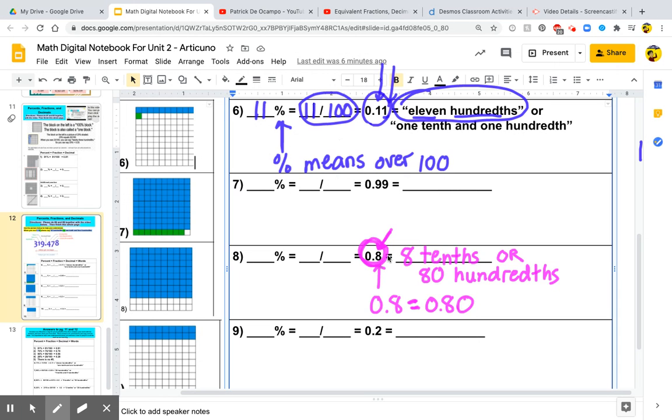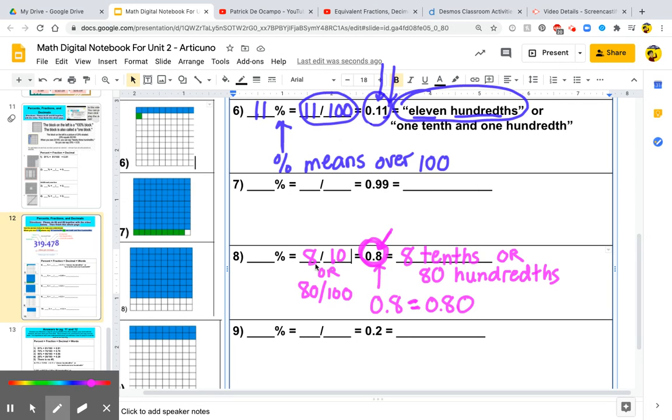If this is 80 hundredths or 8 tenths, I could say 8 over 10, or I could look over here and say, oh, I also wrote 80 hundredths. Since you can't just write it in here, you would probably have to type here 80 hundredths. So you have to type it this way. You can't write it like this.